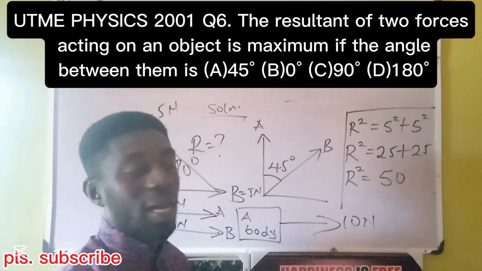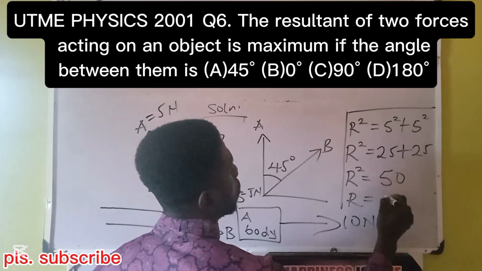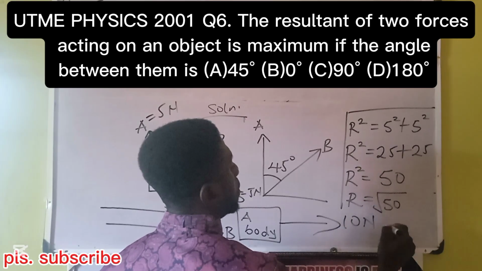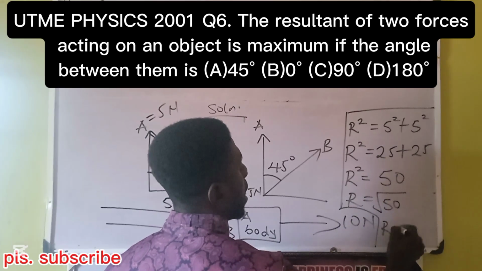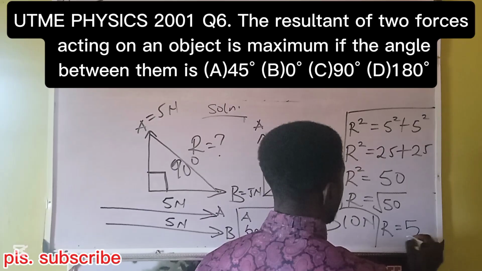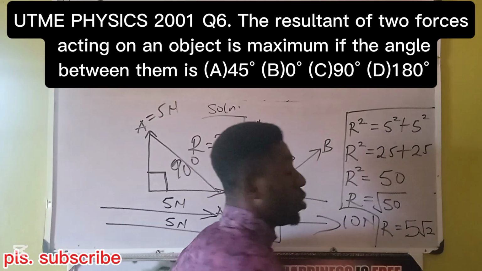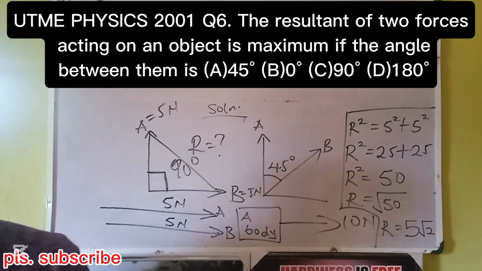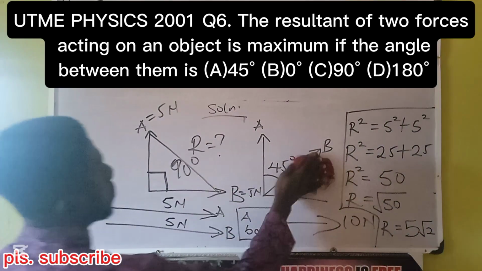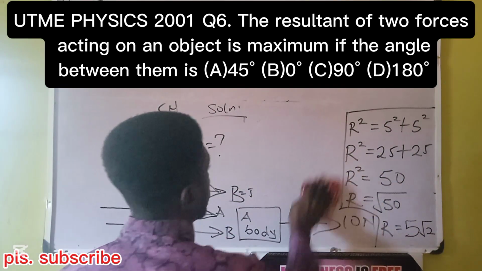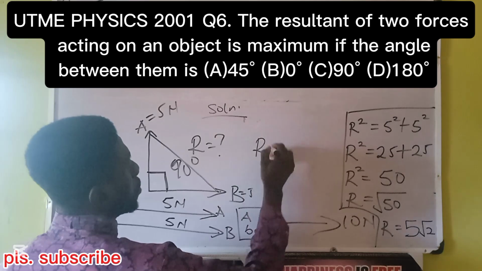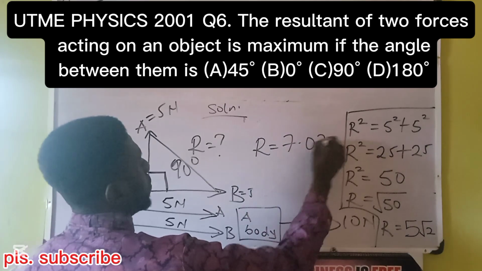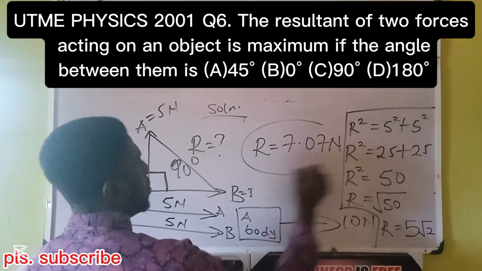Then square root both sides. R is equal to square root of 50. Therefore, R is 5 root 2. In decimal, R is equal to 7.07 Newton.